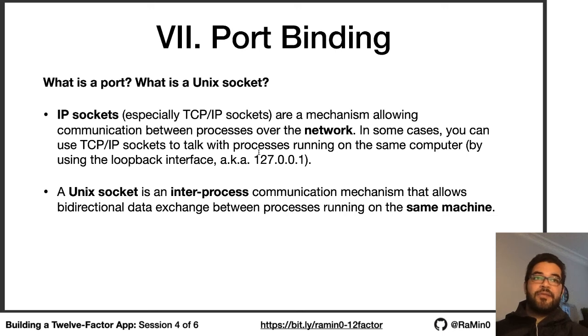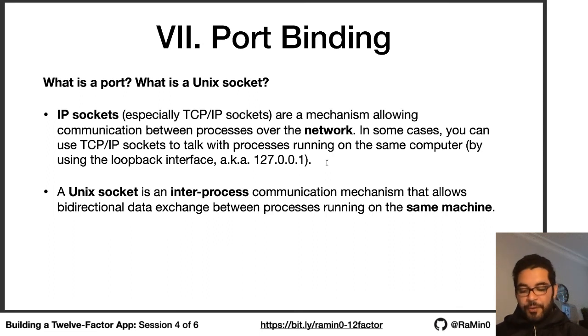And in case the service is running on our local machine, where our app is running, we can use this pseudo or loopback IP address, which is 127.0.0.1, usually referred to as localhost. Then we would basically be rerouting traffic from our machine back to our machine, in case we have all of the services running on the same machine.